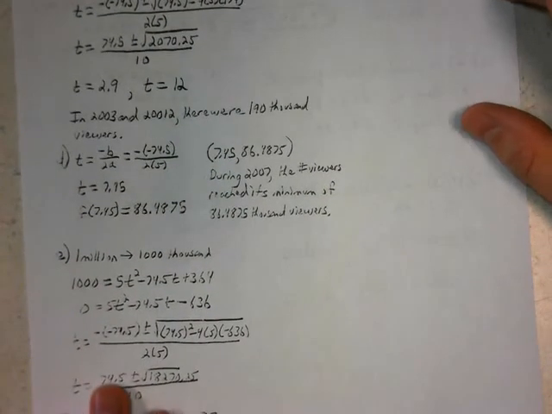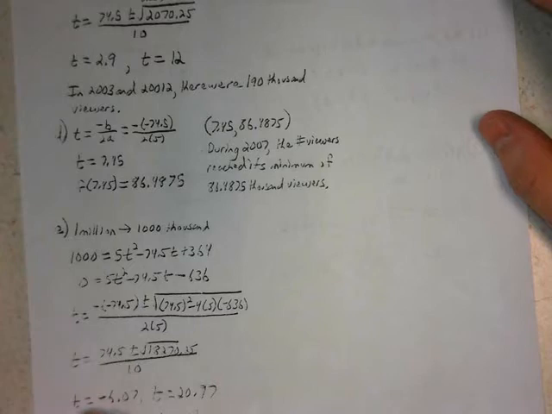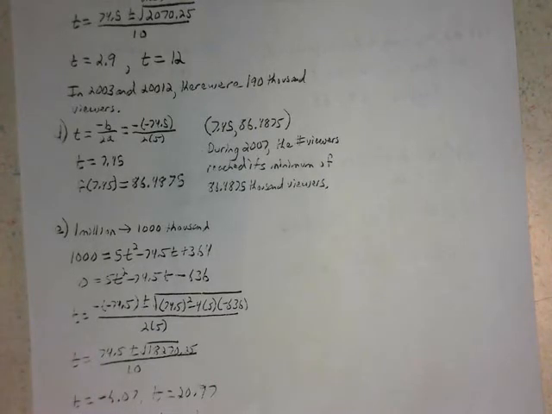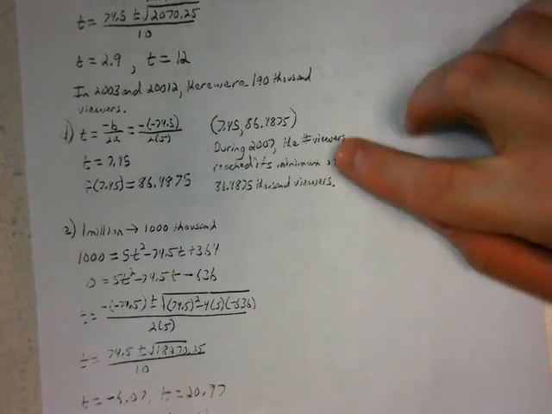And then the axis of symmetry, you do t equals negative b over 2a, which will give you 7.45. Plug that into your function to get the y value, and that's your vertex. So the vertex is always a point, and in this case, it's a minimum.